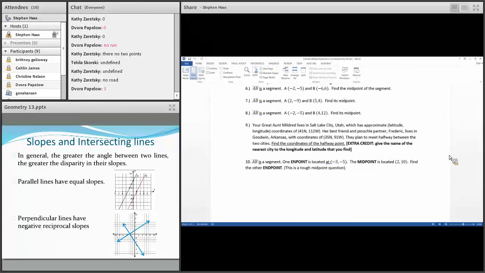So up 5, 1, 2, 3, 4, 5. Okay, that is one line with a slope of 5. Then I'm going to draw another line with a slope of 5. 1, 2, 3, 4, 5.